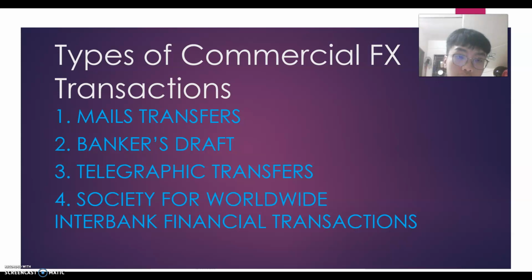The objective of the establishment of SWIFT is to enable members to transmit between themselves payment transactions, statements, and other messages related to international banking. This money transfer system is commonly used by banks and other financial institutions worldwide.